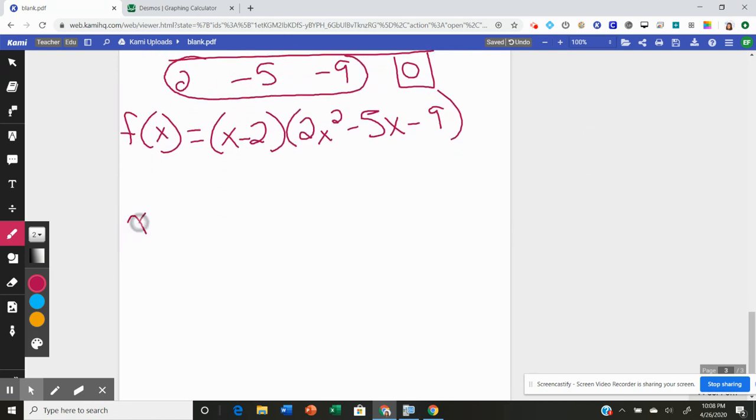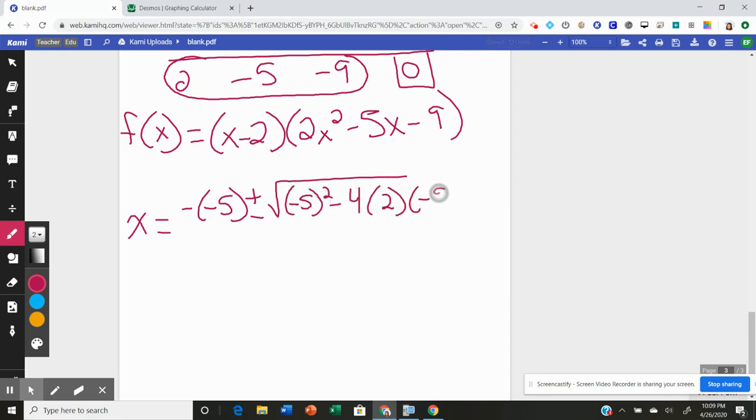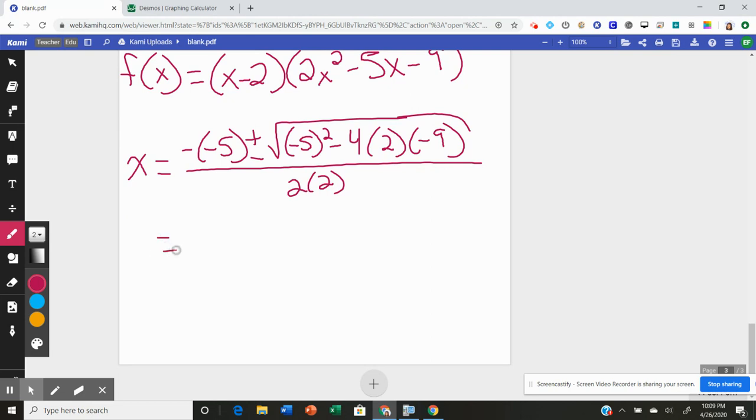So the quadratic formula: x equals negative b plus or minus the square root of b squared minus 4ac, all over 2a. All right, so let's plug this in here.